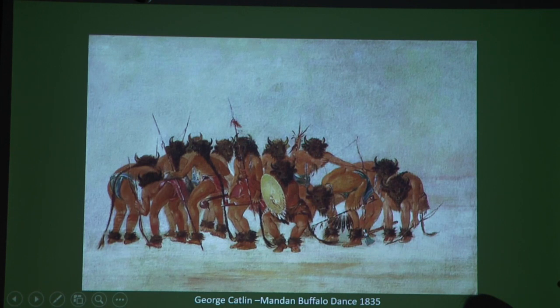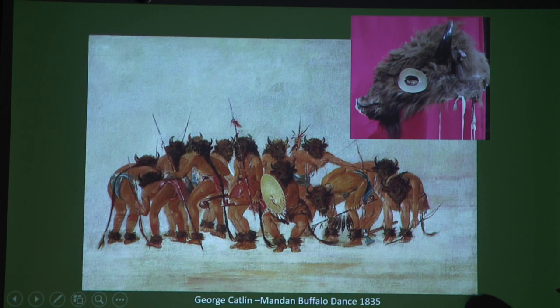So, interestingly enough, the Mandan and the Hidatsa and the other Siouan tribes all had a buffalo dance. And you'll see the buffalo headdress. This is from the Buffalo Bill Historical Center, the picture on the top there, one that they still have on exhibit there.